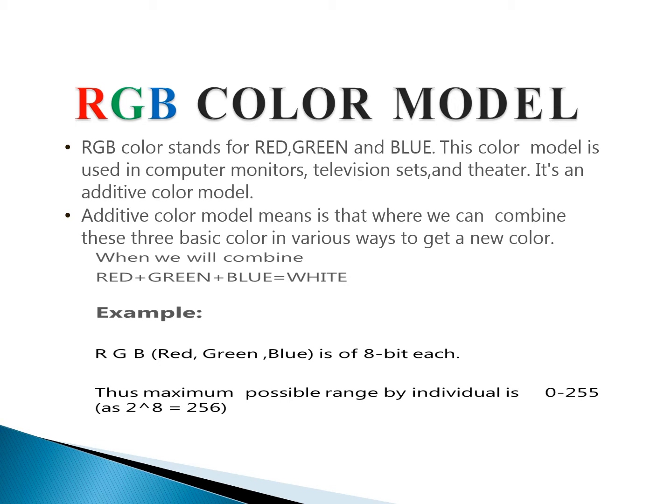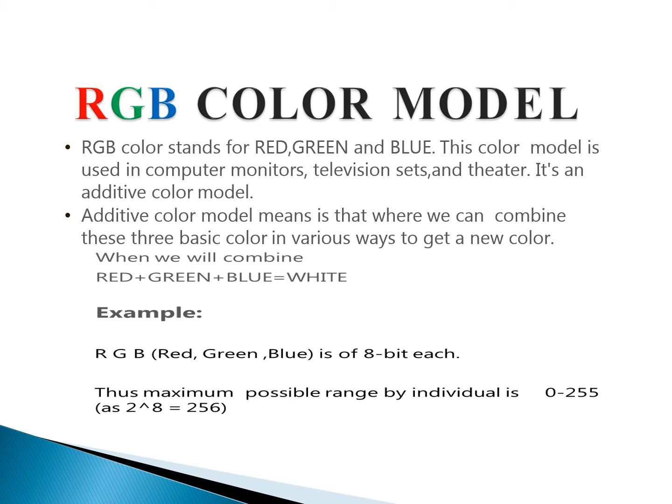The new colors we are going to get are always a combination of red, green and blue. When we combine red, green and blue, we get white color as the output color. If I consider R to be 8-bit, G to be 8-bit and B also 8-bit, then in total we can get 2 to the power of 8 levels for each.